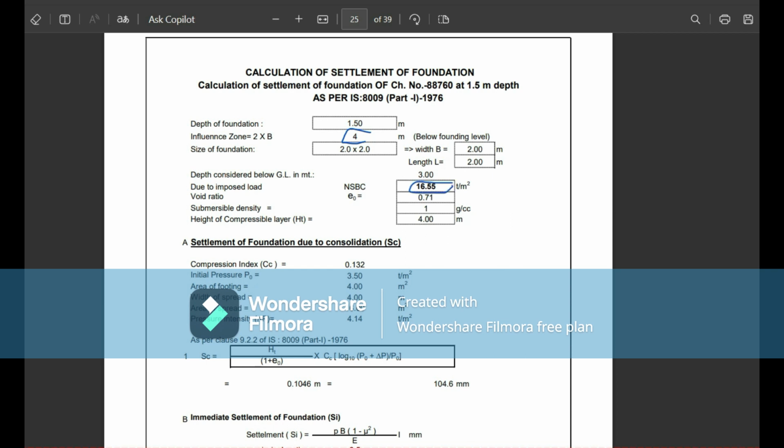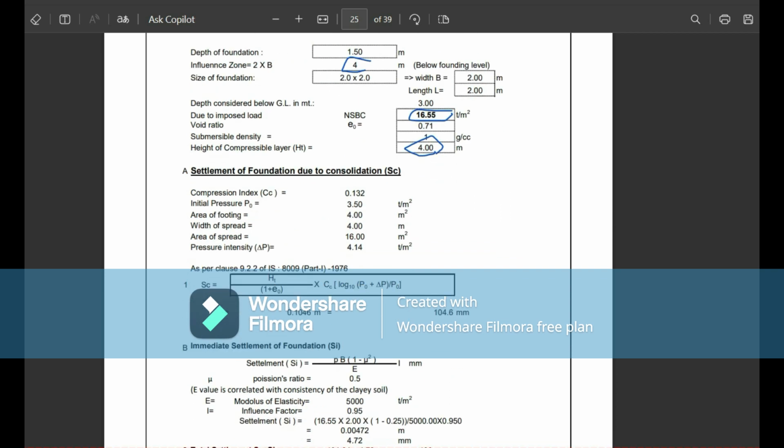Submerged density approximately 1, high compressible layer 4 meter, taking every 4 meter as a compressible layer. The initial compression index is measured through the consolidation test.